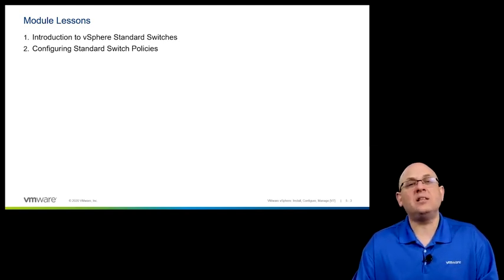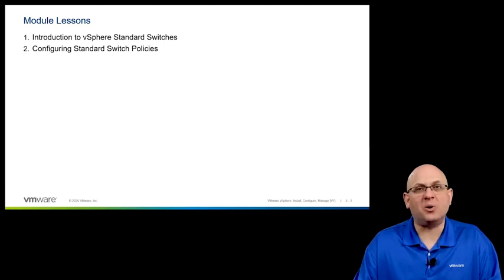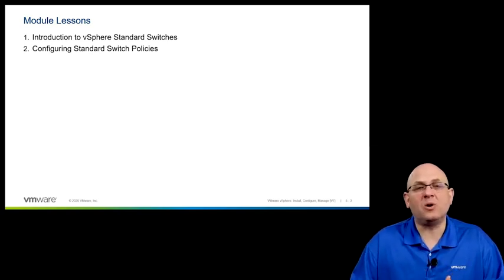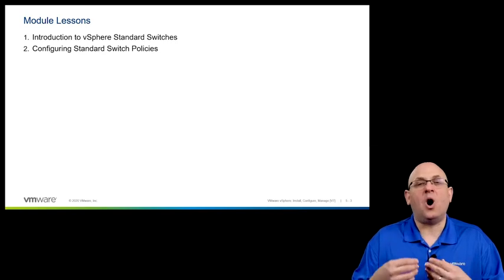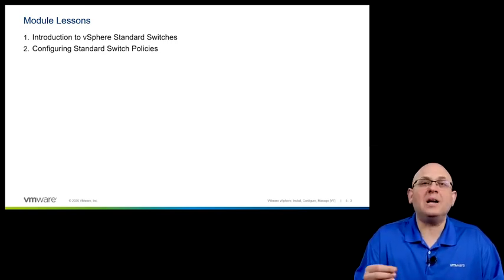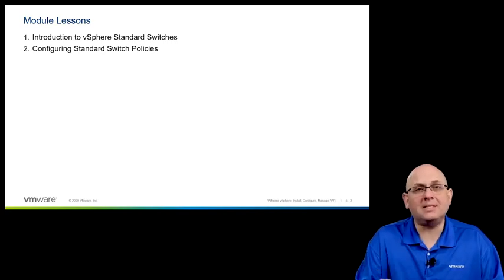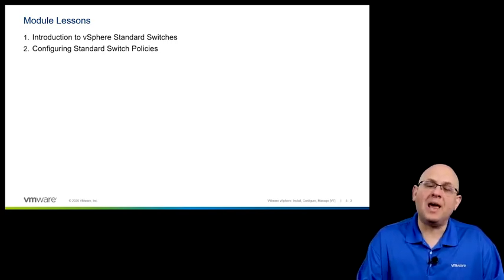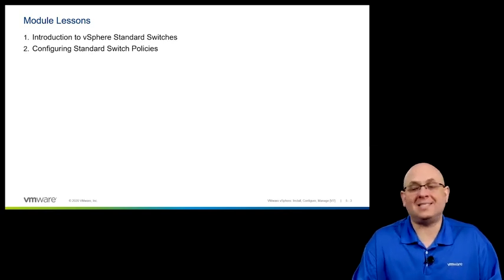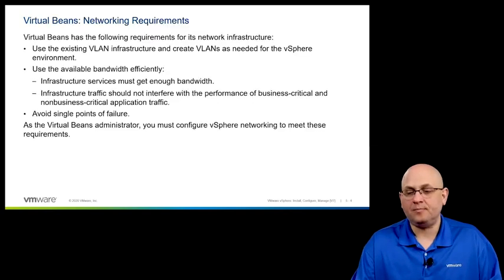And if you're interested in the distributed switch and you want to get down and dirty on that, our Optimize and Scale course spends a significant amount of time on the distributed switch. But as this is an introductory course, we're going to focus our work here on the standard switch. In lesson number 2, we're going to have a look at some of the policies that we can set around networking and teaming and failover for that standard switch.